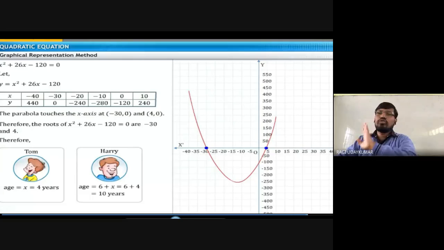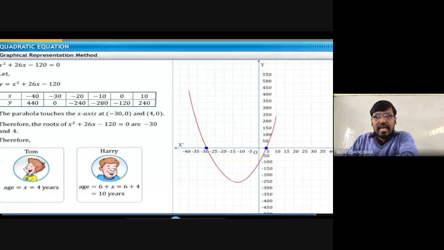So minus 30 should not be taken as an age, and that's why you need to take x equal to 4 only as the final answer. You can represent it graphically, but this is not normally in your syllabus. You need to know it, and you need to practice different problems well to learn quadratic equations in a proper way.